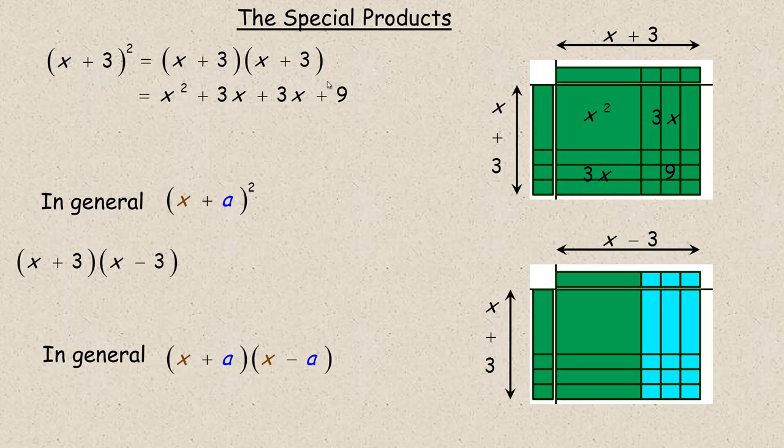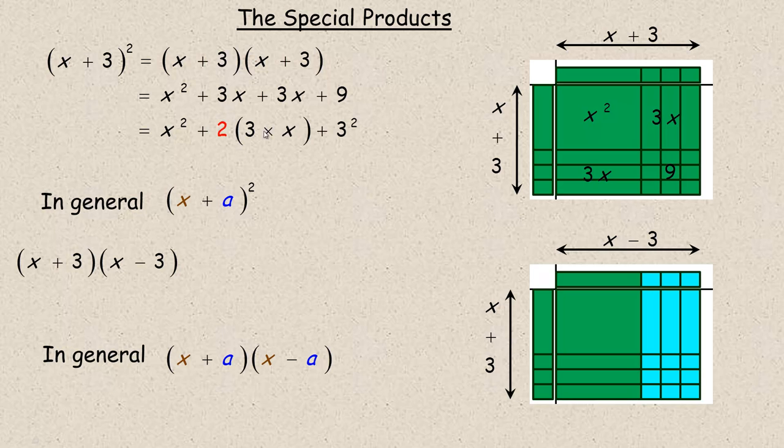The idea is to see some shortcuts here so that you can do this very quickly, because if you're squaring a lot of binomials, you don't want to have to write out all these terms and some arrows every single time. Now, when you're squaring a binomial, this number and this number will be the same, and the x's are as well, because the two binomials are the same. So that means that this term here and this term here will also always be the same thing. And so here's the shortcut.